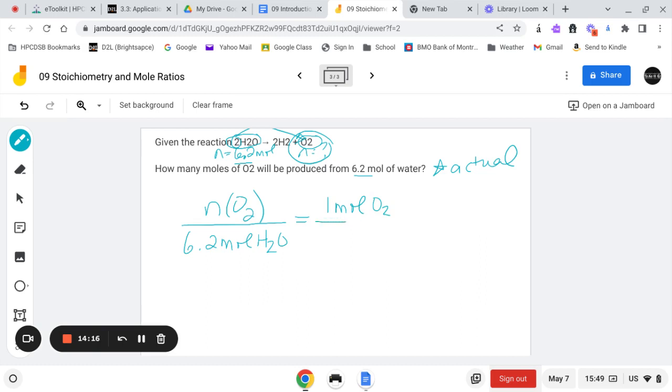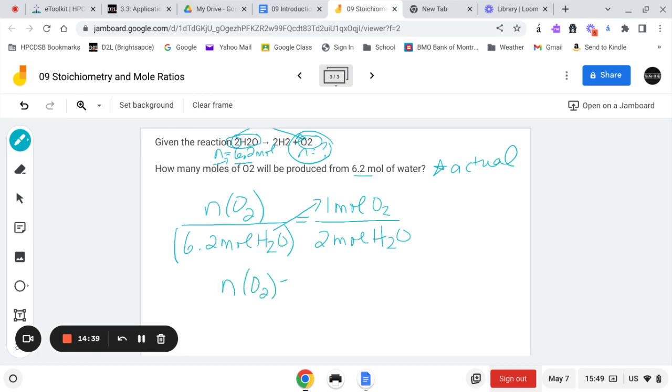There's no number there, so we know it means a 1. And my known value is water, so I put the mole coefficient for water in the denominator. We're going to cross multiply our water up and over. So 6.2 times 1, we're going to divide it by 2.